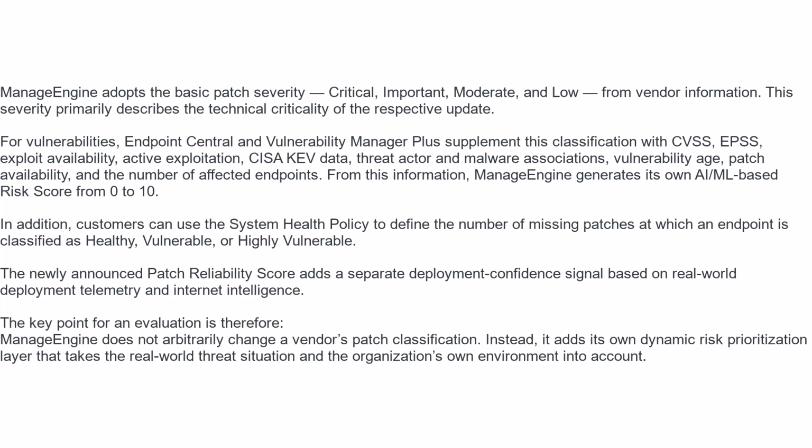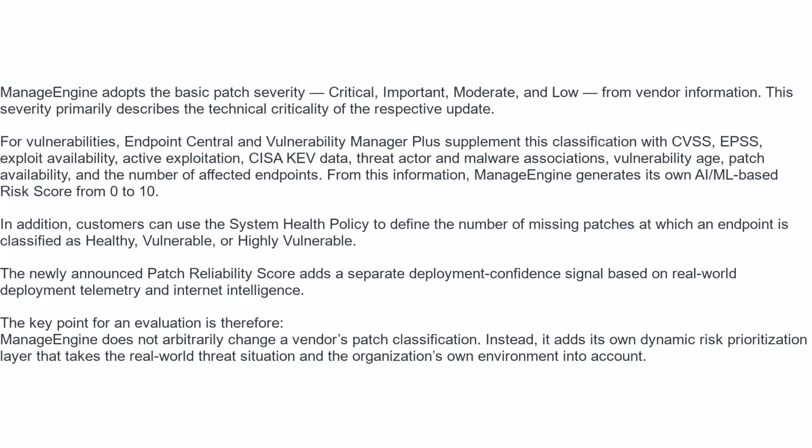For vulnerabilities, Endpoint Central and Vulnerability Manager Plus supplement this classification with CVSS, EPSS, exploit availability, active exploitation, CISA KEV data, threat actor and malware associations, vulnerability age, patch availability, and the number of affected endpoints. From this information, ManageEngine generates its own AI/ML-based risk score from 0 to 10.